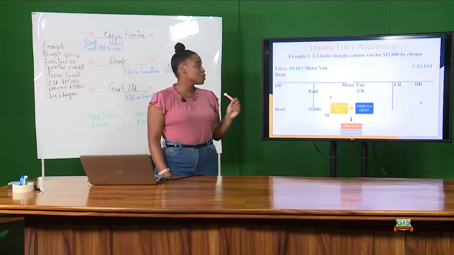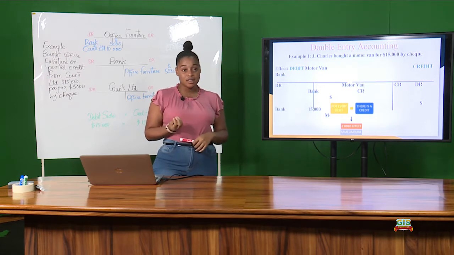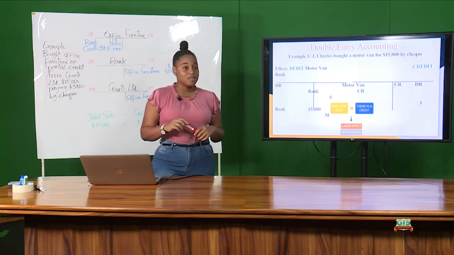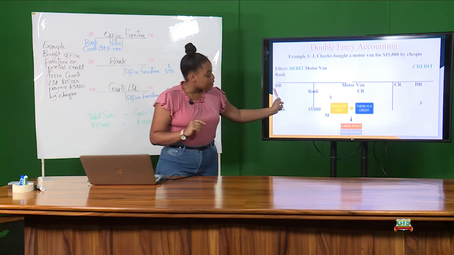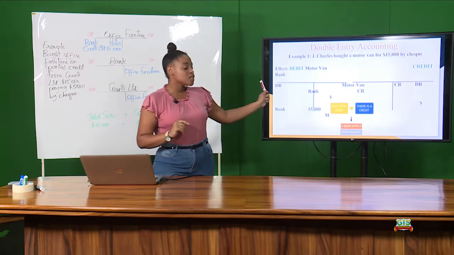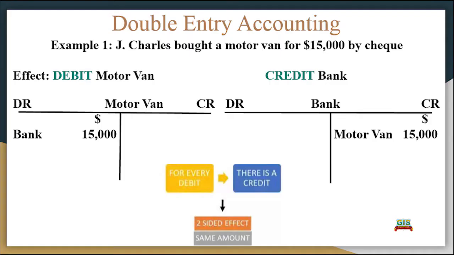So we debit the motor van account because it's receiving the benefit, and we credit the bank account because it's giving the benefit. So for every debit entry, there is a corresponding credit entry. We have 15,000 on the debit side, 15,000 on the credit side. Two-sided effect, same amount, double entry has been followed.